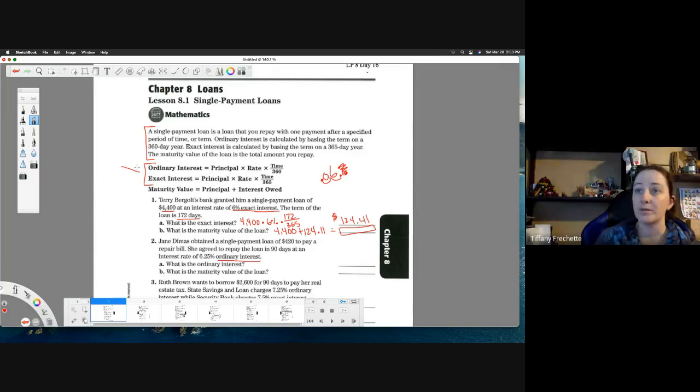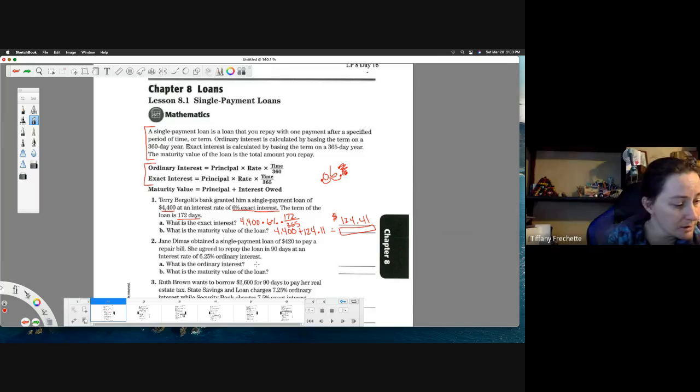So now you're going to use ordinary interest, not exact interest. So pay attention to the wording. You're going to do the same calculations, but instead of 365, you're going to use 360. And then once you know your interest, you add that back to her loan of $420.